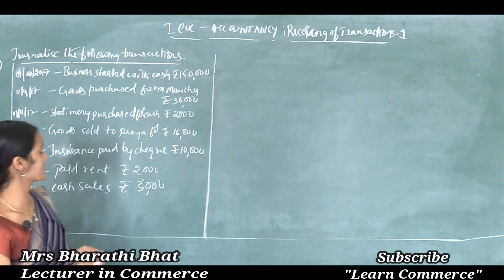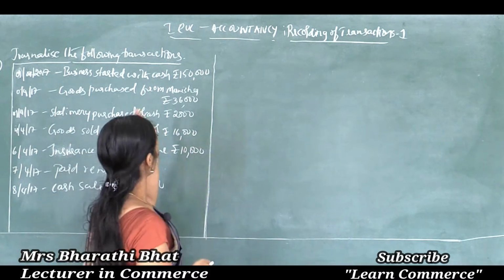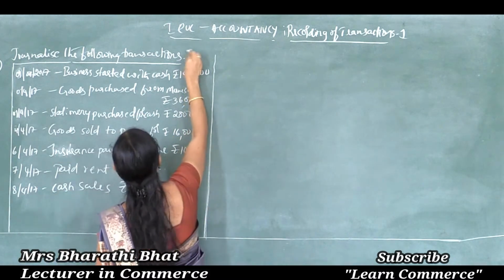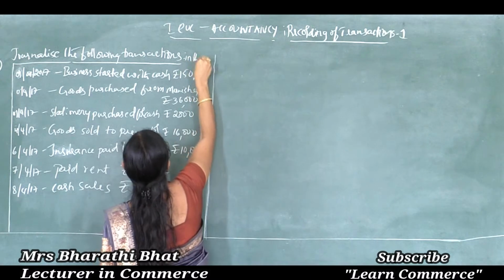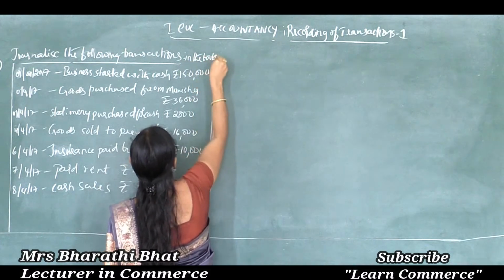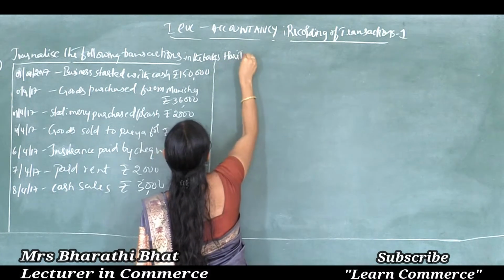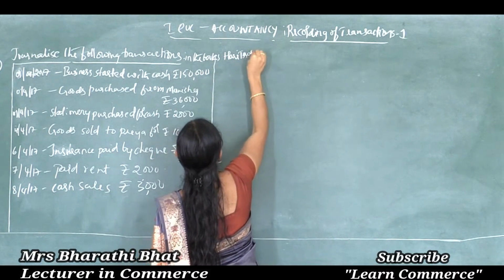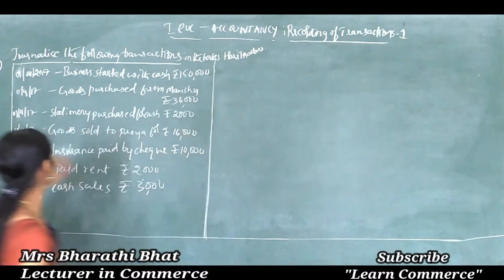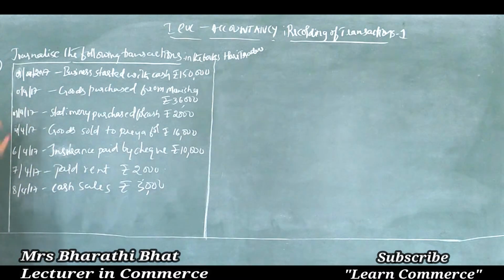Journalize the following transactions in the books of X company, or we can give any name, in the books of Hari Traders. That is the question. So transactions are like this.